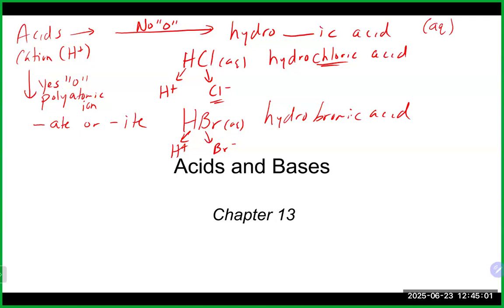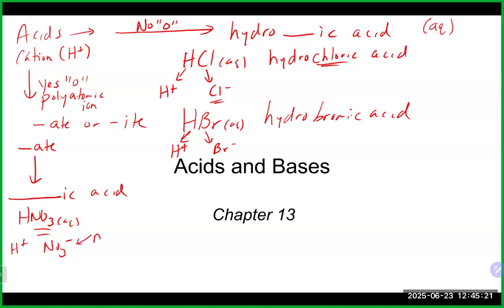And that is also really important for your acid name. So if your polyatomic ion ends in ate, the acid is something-ic acid, like HNO3. NO3 is NO3 minus, with H plus. That is nitrate. This is nitric acid.